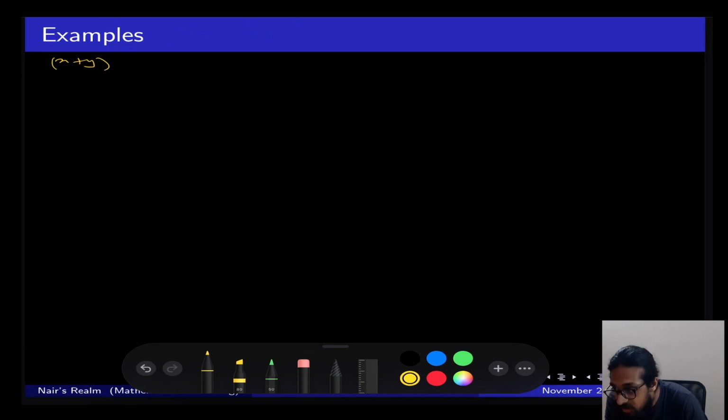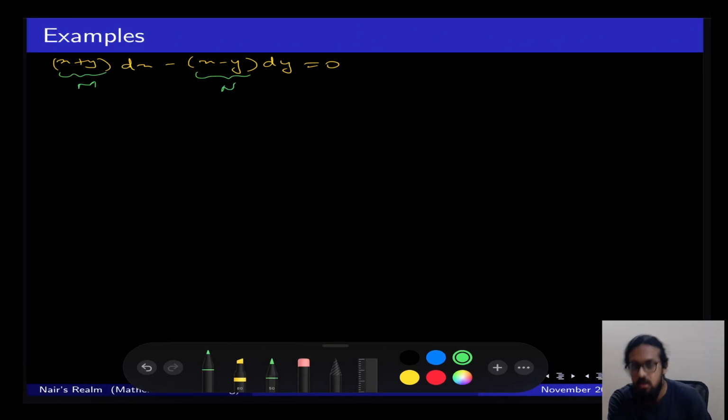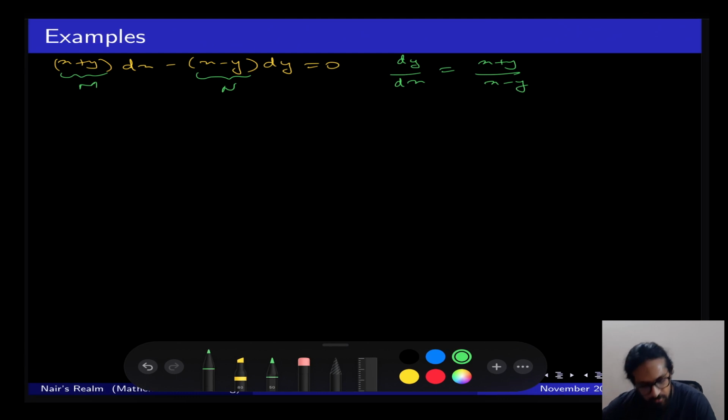So I'm going to take an example. So let's say I want to solve this differential equation. Right? So first thing that we can notice is this is the function m, this is the function n. Both are homogeneous with the same degree 1. And if I were to rearrange this, I can write it as follows. dy by dx is equal to x plus y by x minus y.